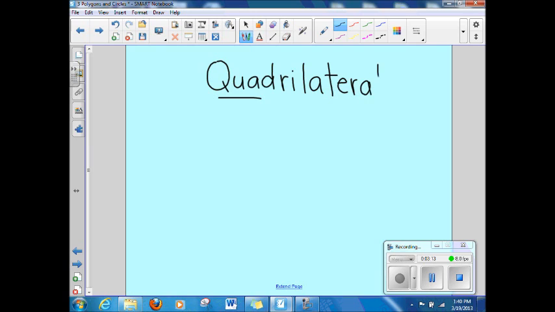A quadrilateral is a polygon, and remember polygons are closed, flat figures with straight sides. A quadrilateral is a polygon that has four sides. A polygon with four sides, and of course the sides will have to be straight.